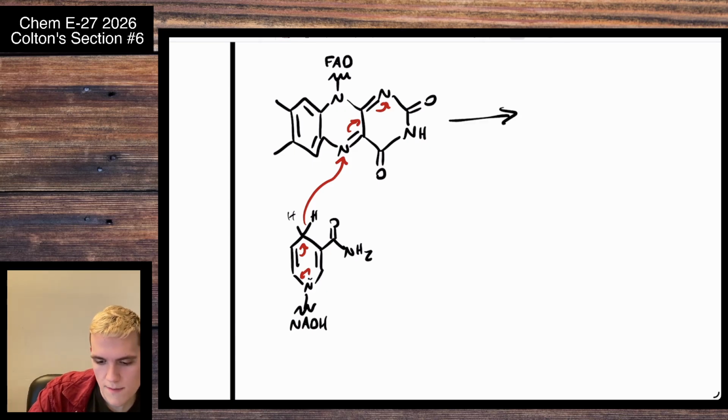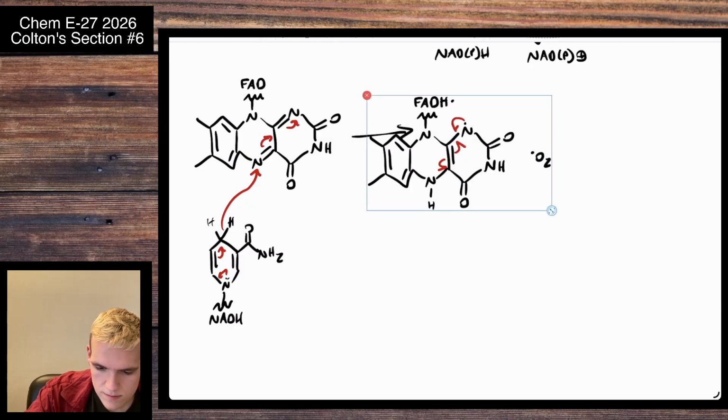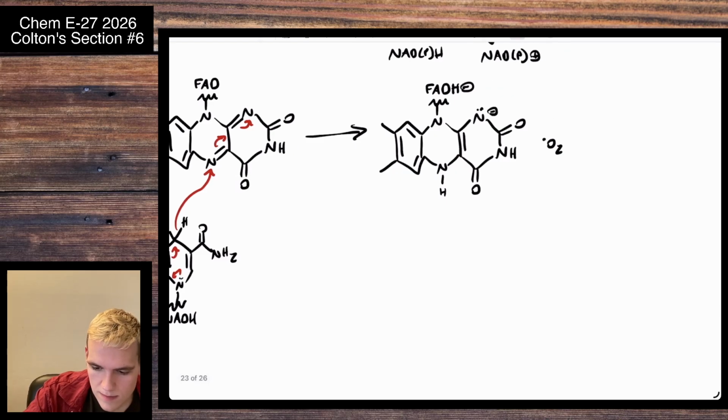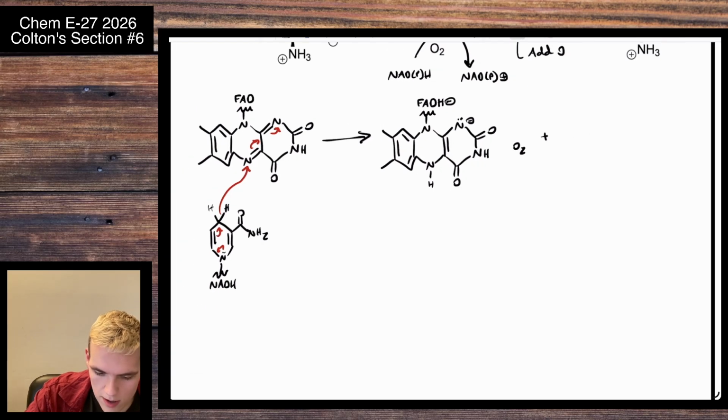So from here, what we get is FADH minus and we get our NAD plus.